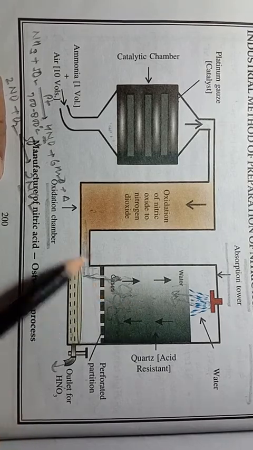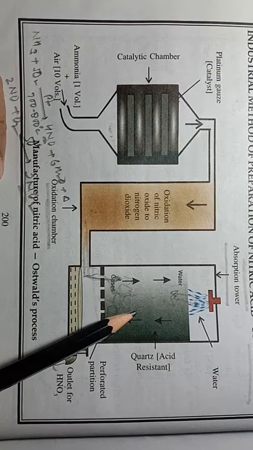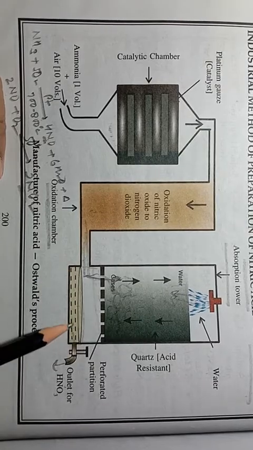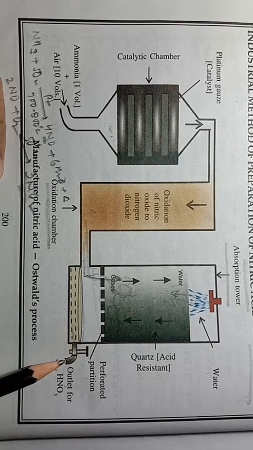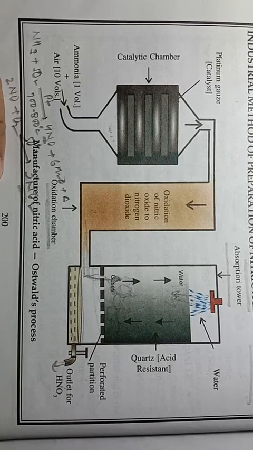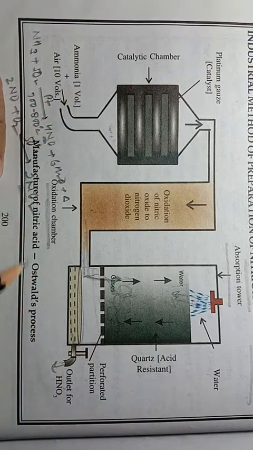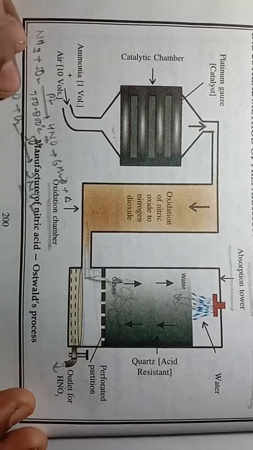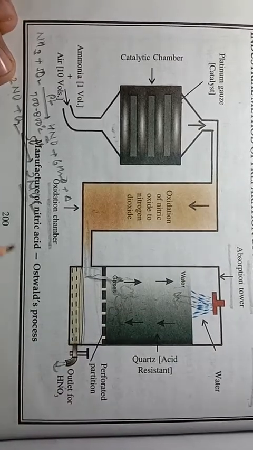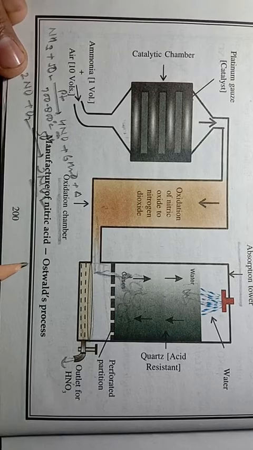Due to the dissolution of NO2 in water, HNO3 is formed, which gets collected here, and from here it is taken out from time to time through this outlet. So this is Ostwald's process.